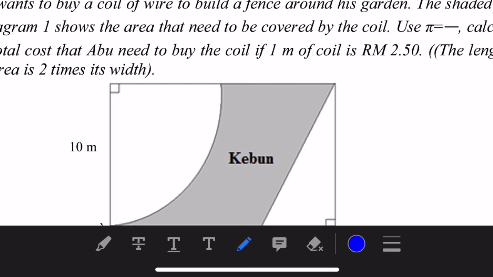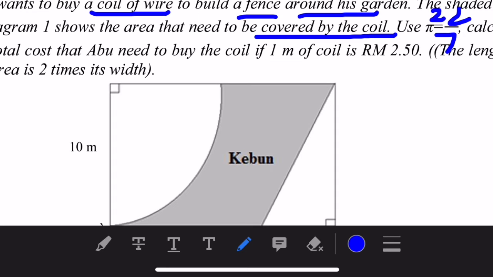Abu wants to buy a coil of wire. Okay, a coil wire to build a fence around his garden. The shaded area in diagram 1 show the area that need to be covered by the coil. Okay, use pi equal to 22/7.